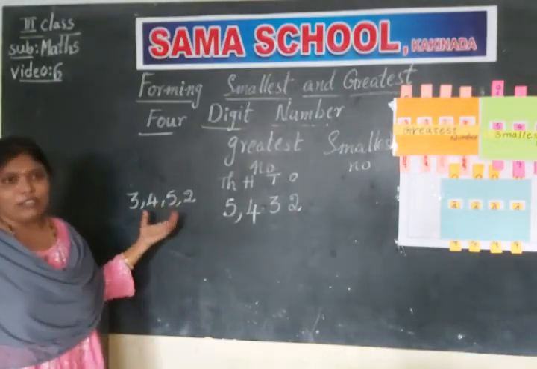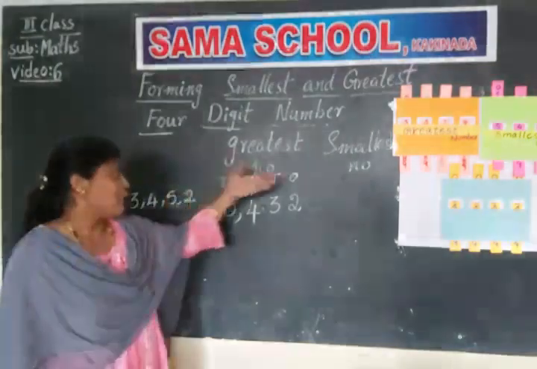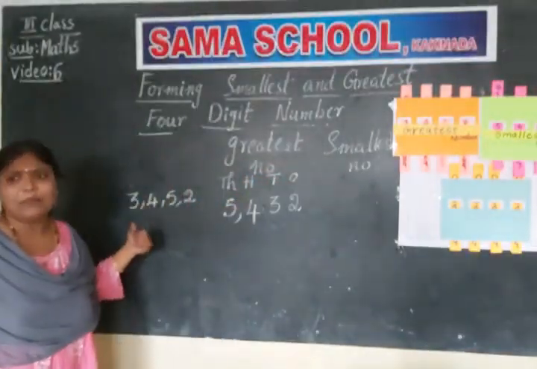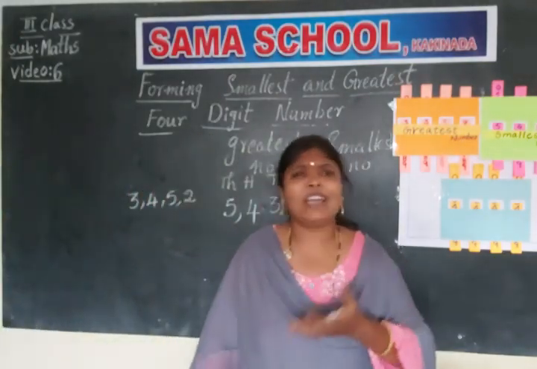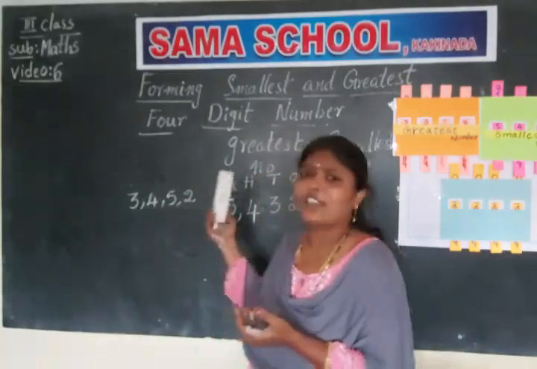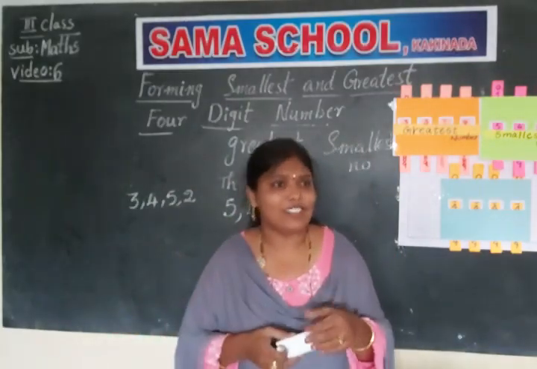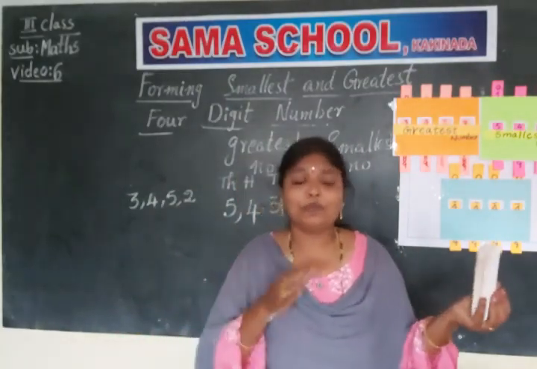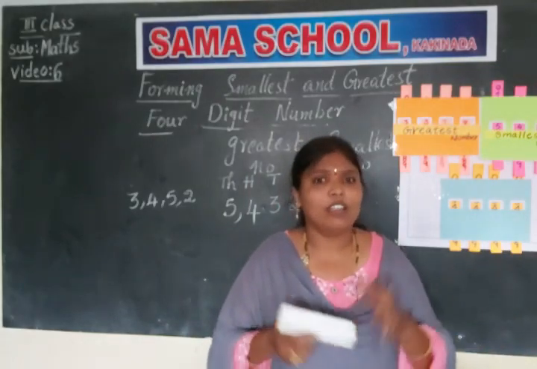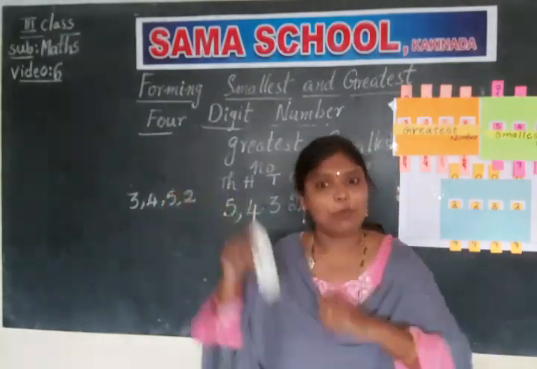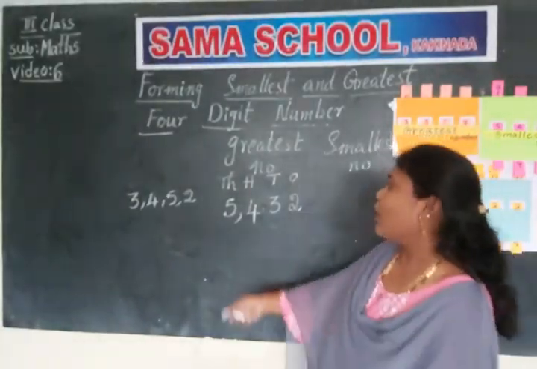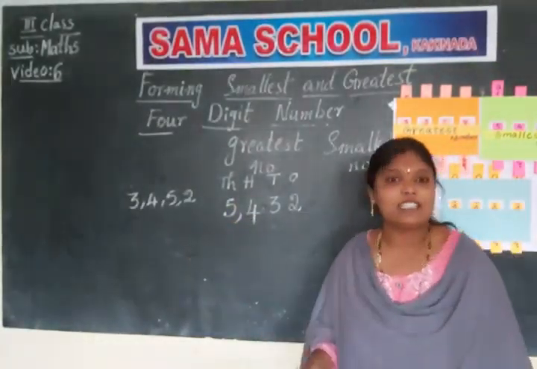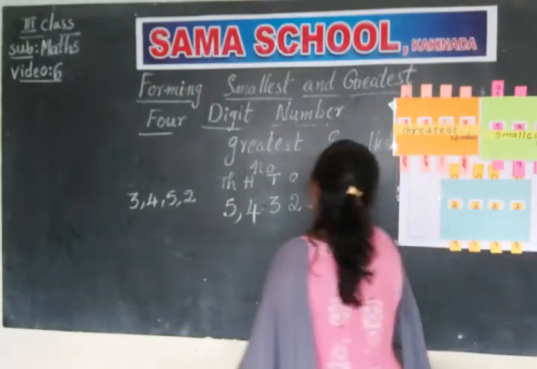So let us write the smallest number using the same digits. Now what do you have to do? You have to write the reverse of descending order. It is ascending order. So what is ascending order? Writing from smallest to biggest. So come on, let us write. What is the smallest number here in these digits? 2.